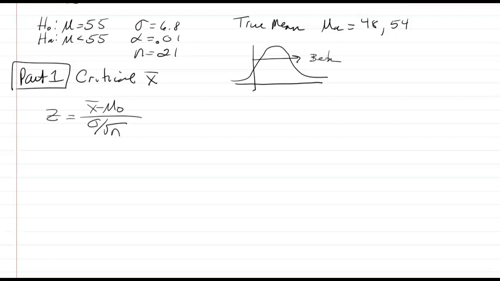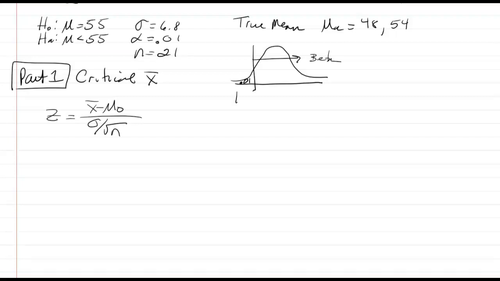So instead of trying to find a z-score, a standardized score that matches our sample mean, which ultimately becomes our test statistic, we are going to figure out what the sample mean would be to get an exact z-score that is our critical value when our significance level is 0.01.